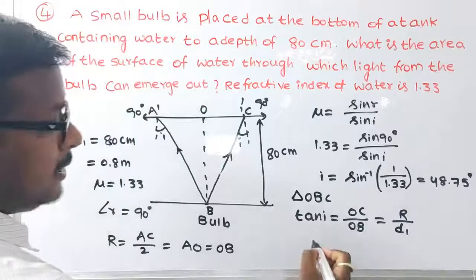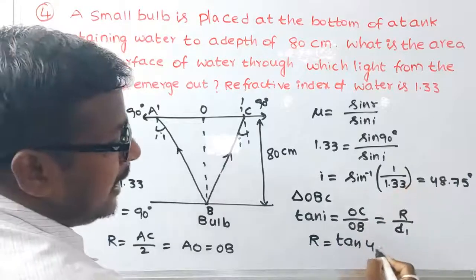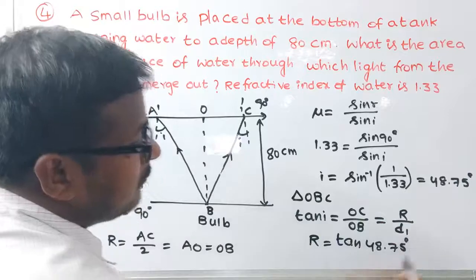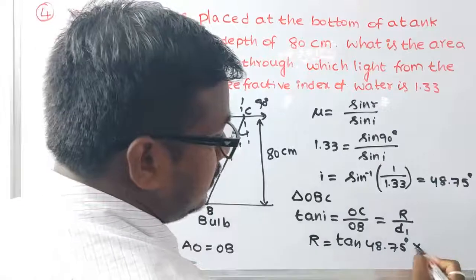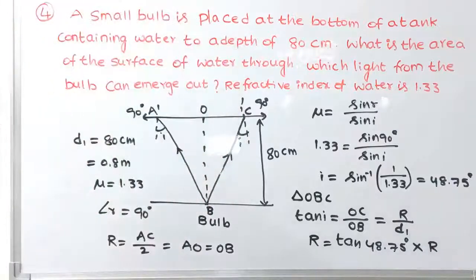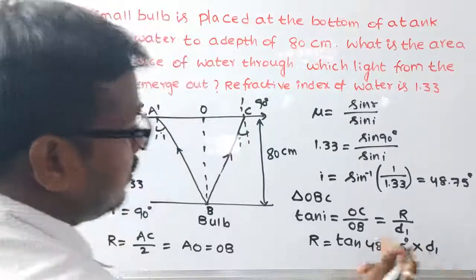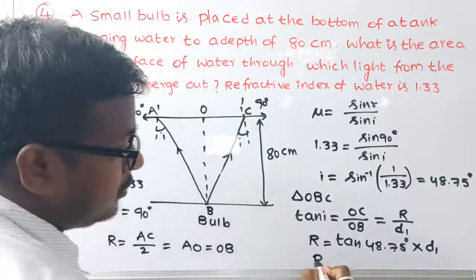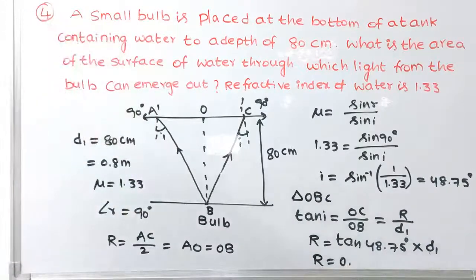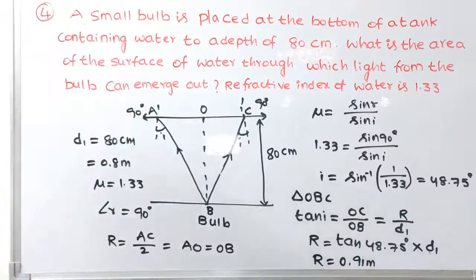Then R is equal to tan I, tan 48.75 degrees, into D1. D1 is equal to 0.8. Then R is equal to 0.91 meter. The radius R is equal to 0.91 meter.